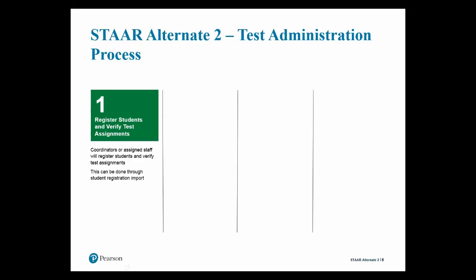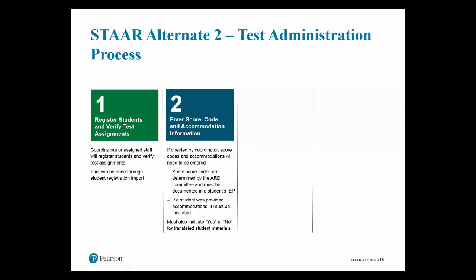And we do have instructions on how to do both in the STAAR Alternate 2 and TALPAS Assessment Management System User's Guide, which you can also find on our Avocet website, and also in the Assessment Management System under Support Documentation. So again, you want to make sure that your students are registered and assigned to the correct tests.